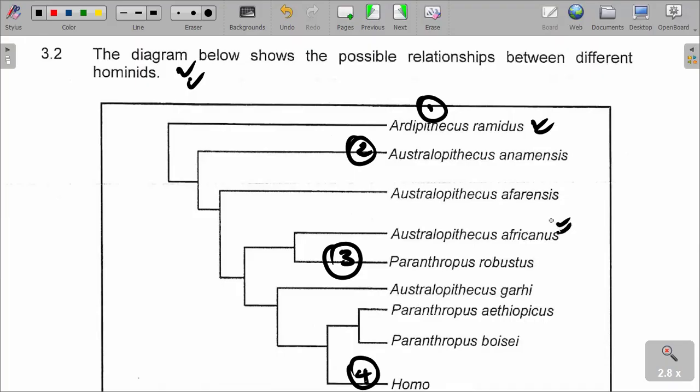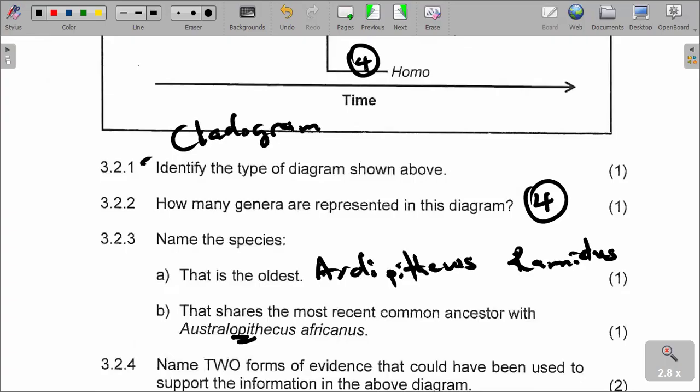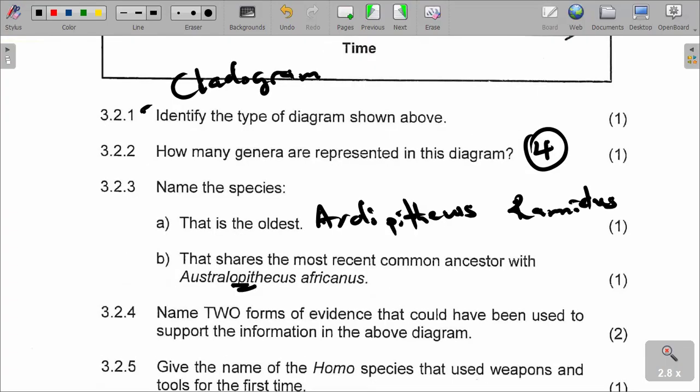So we are saying the one that shares the most recent common ancestor with Australopithecus africanus. You shall see that when you look at Australopithecus africanus.